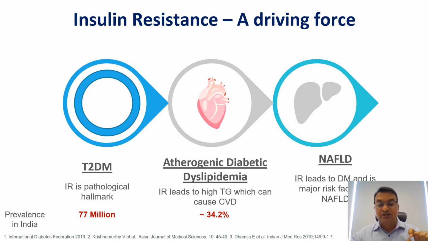And we all know that we Indians suffer from insulin resistance at least a decade earlier compared to our Caucasian counterparts. So insulin resistance is a major problem in the Indian phenotype, and it is the insulin resistance which leads to metabolic disorder, which leads to a systemic inflammatory milieu, leading to multi-system disorder including non-alcoholic fatty liver disease.